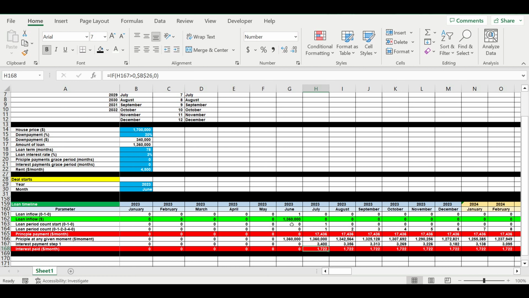So now our loan is 100% automated. We can displace the moment when we start the deal, and all these calculations will be displaced in the timeline. We can model any grace periods, any interest rates for the loan.